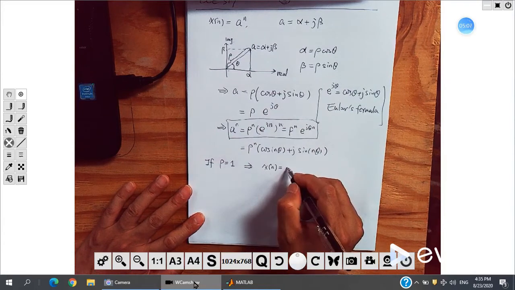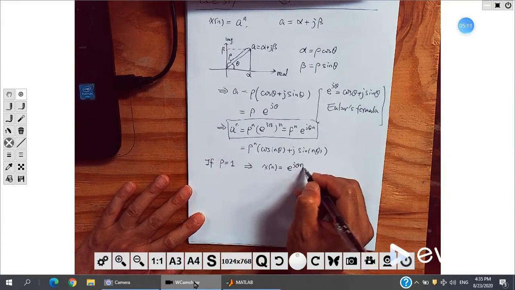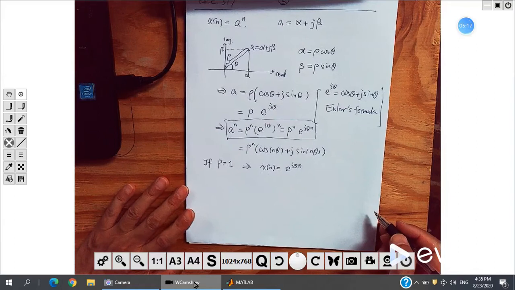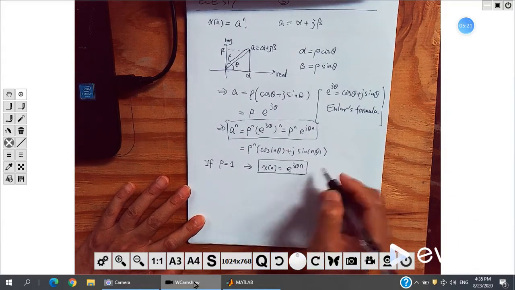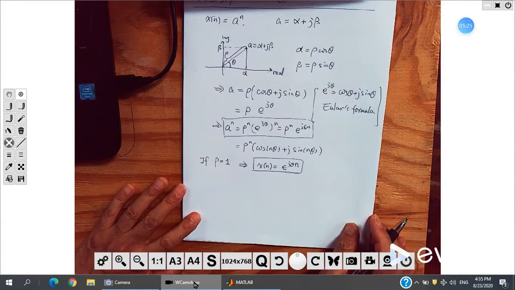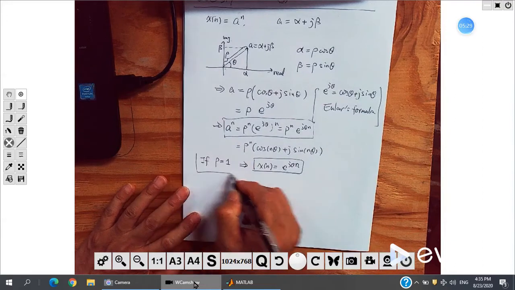So this is e to the j theta with power n. So we can have x of n, this one, right? Yeah, that's it. So this is x of n. It's a complex one.